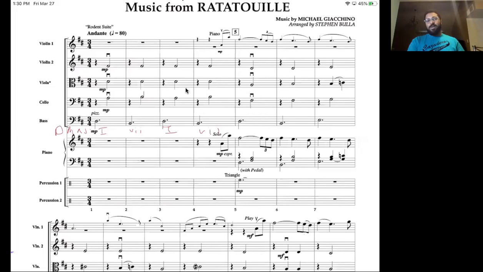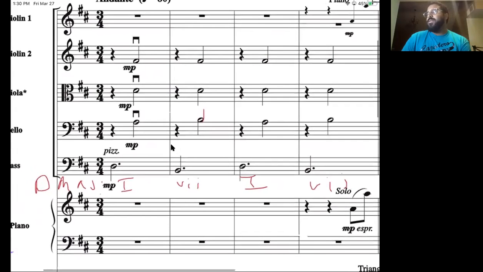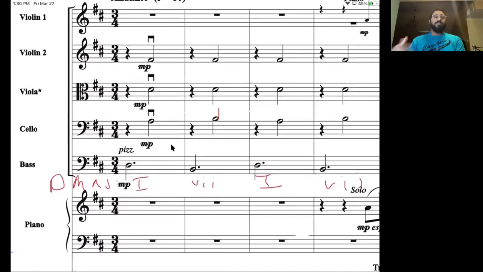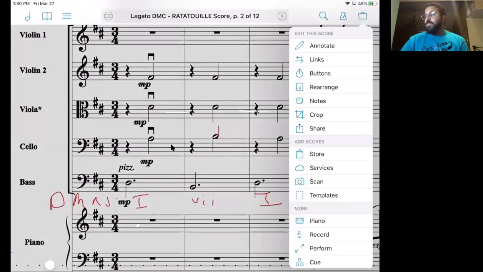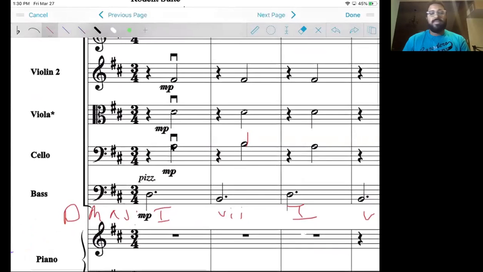So we were talking about analyzing all this, and if we just keep going, we'll keep analyzing all this. But it's important to know why I need to know what root, third, fifth, seventh, or ninth, what note I'm playing as an individual. So if we're here on the first chord, if it's the D major chord, we analyze it into one chord.